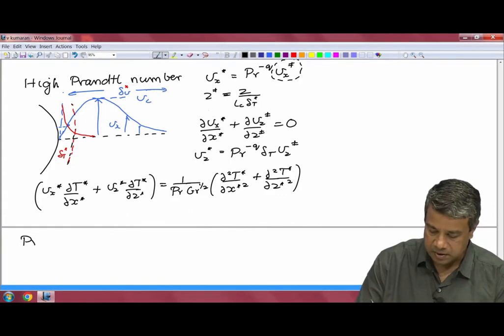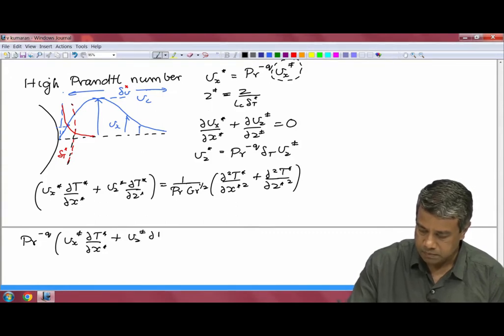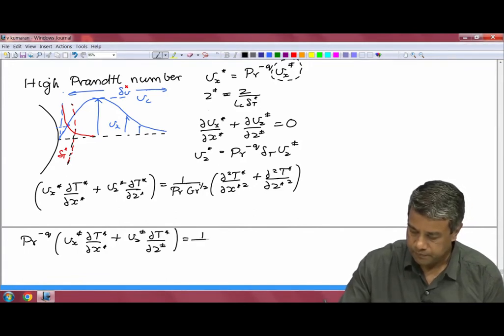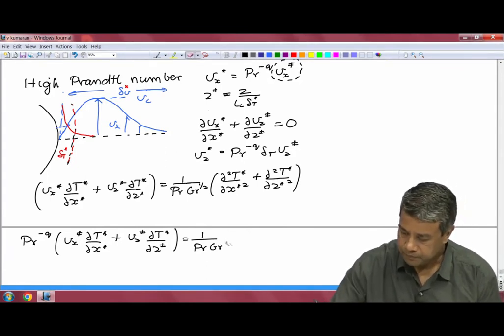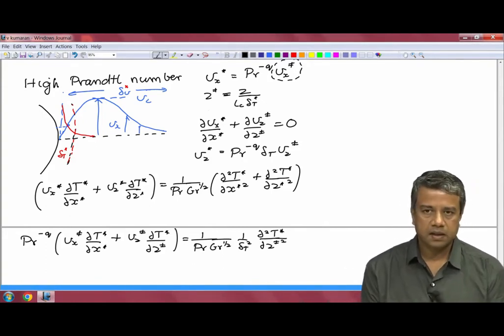So, I will just get Pr power minus q into Vx, neglecting streamwise diffusion in comparison to cross stream diffusion once again.